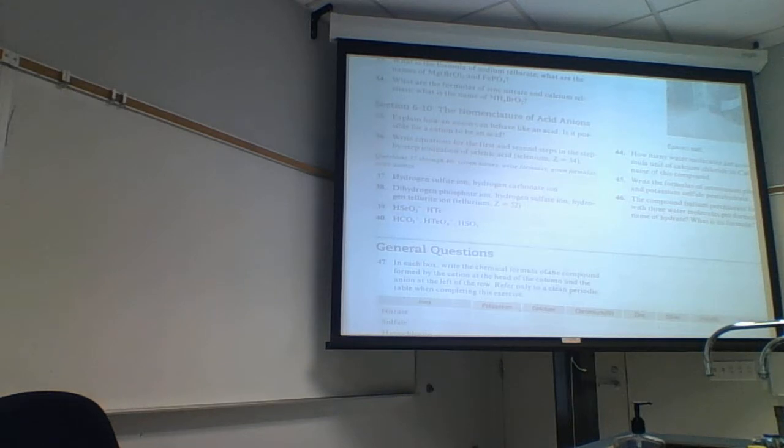Selenate. Yes, selenic acid has the anion selenate, so we have to figure out what the selenate anion looks like. I think about the -ates, for example, sulfate, which is right above selenate on the periodic table.